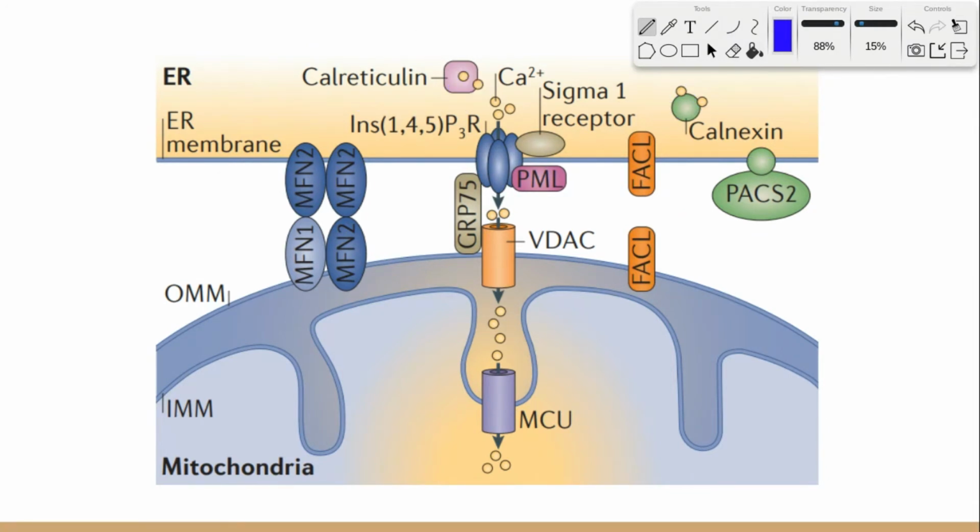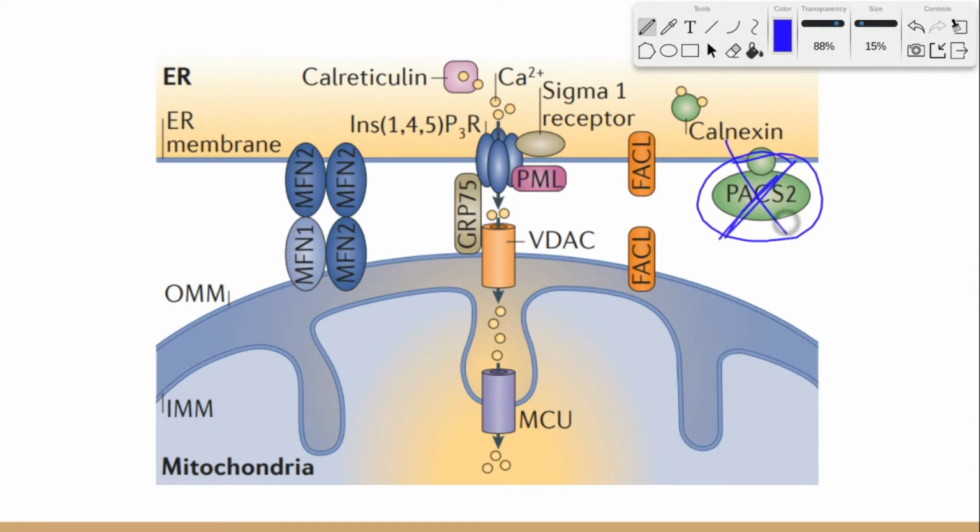Calnexin is localized to MAMs through the activity of this cytosolic PACS2 protein. PACS2 is in fact involved in localizing many other proteins to the mitochondrial associated membranes. It's kind of thought of as the coordinator of the construction of a MAM.